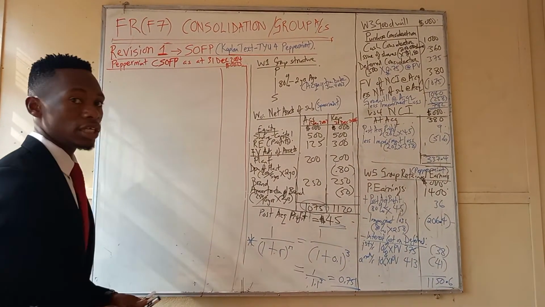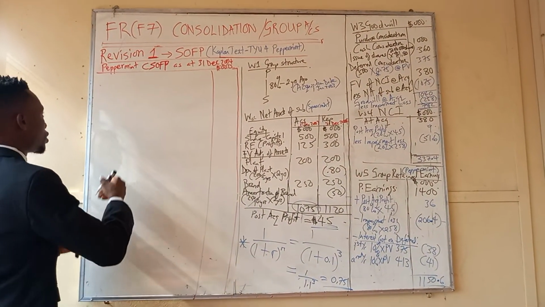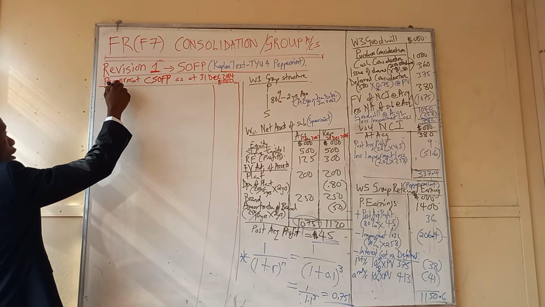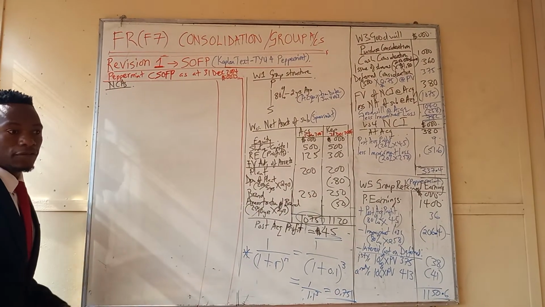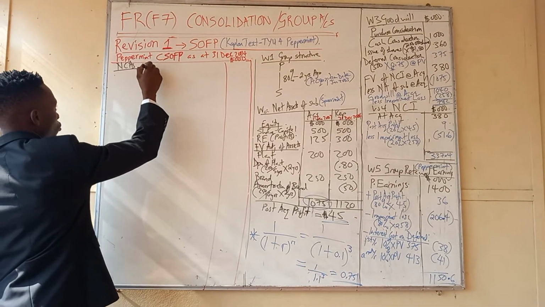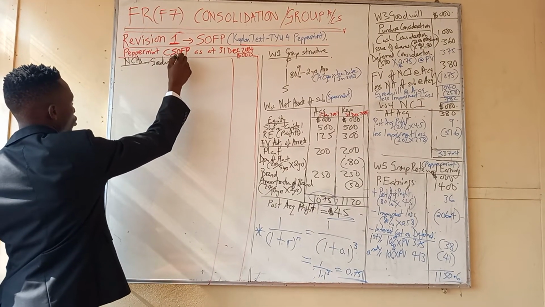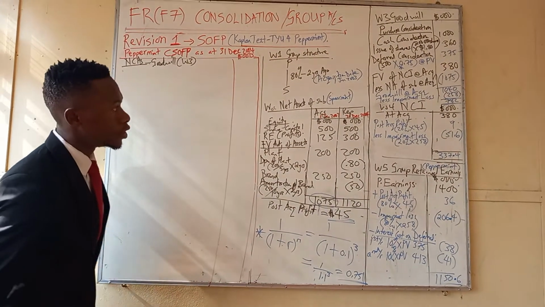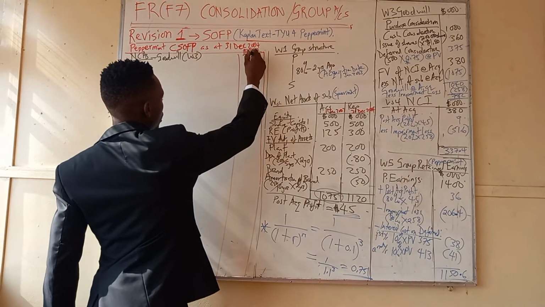So now consolidation, statement of financial position. I'll start with the non-current assets. The first thing that I'll start with is the goodwill. Allow me to recognize the goodwill, which is the W3. So this is 782.